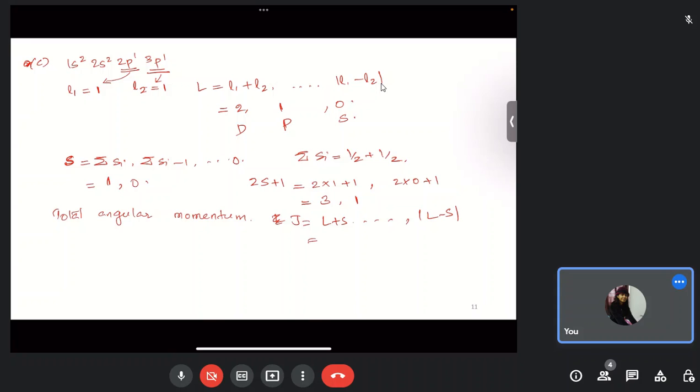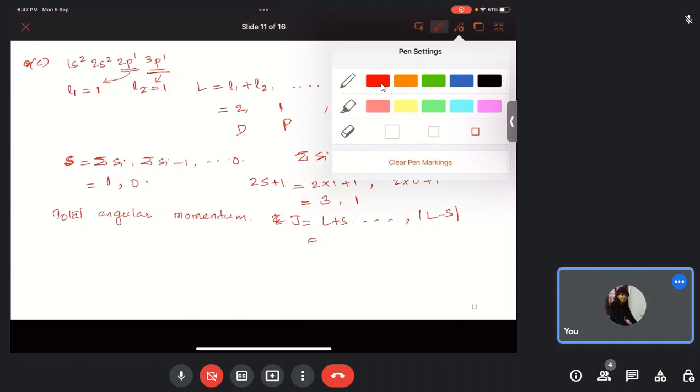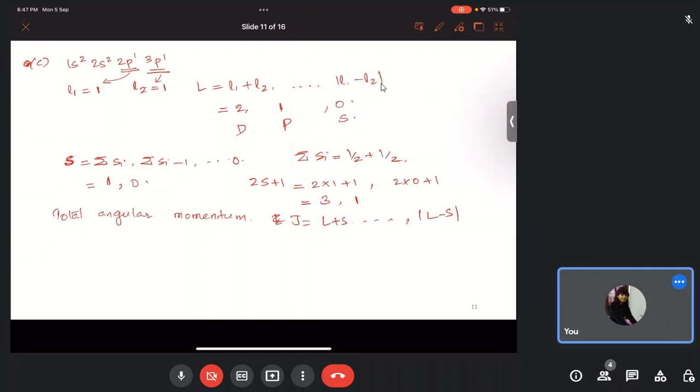So for L equal to 2, which corresponds to D, the J value can be L plus S to L minus S, where L is 2 and S is 1.